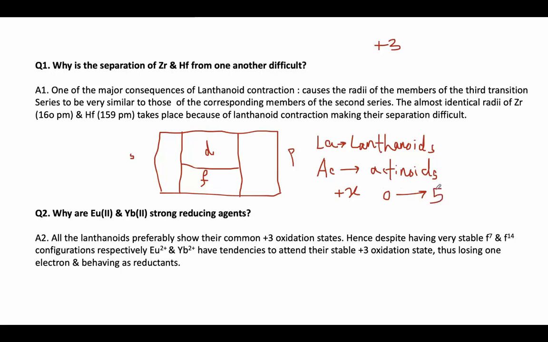And also, in this case, the actinide series is actually radioactive in nature. So radioactivity also generates severe problems in studying these special kinds of elements. That's why in case of actinoids, their study becomes a bit complicated or difficult.